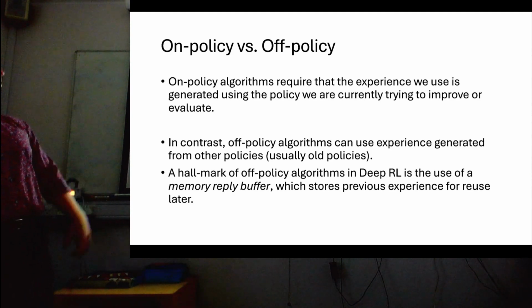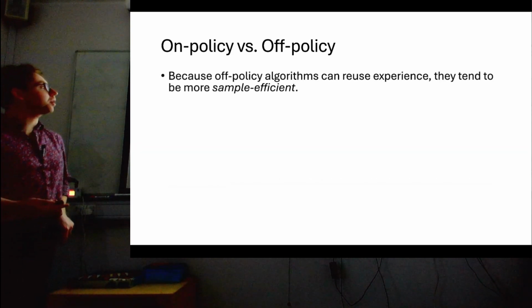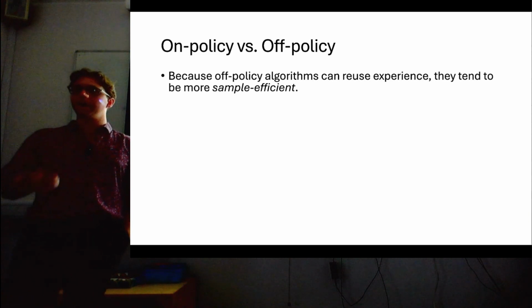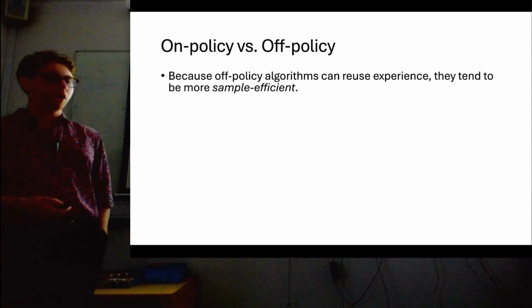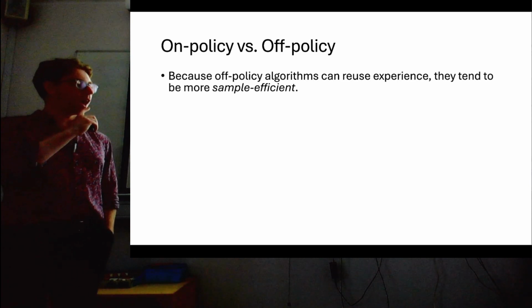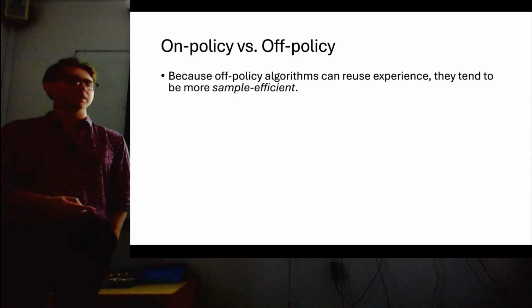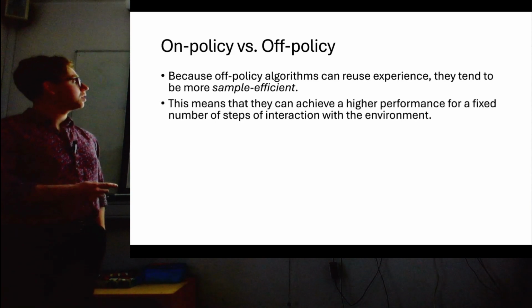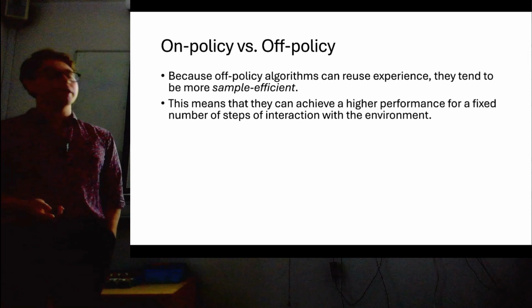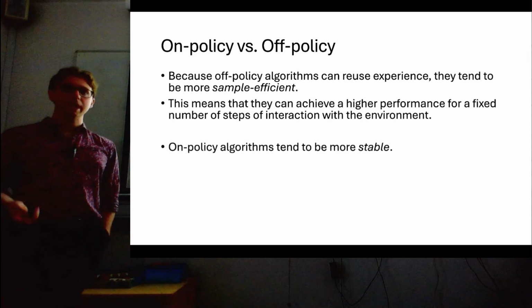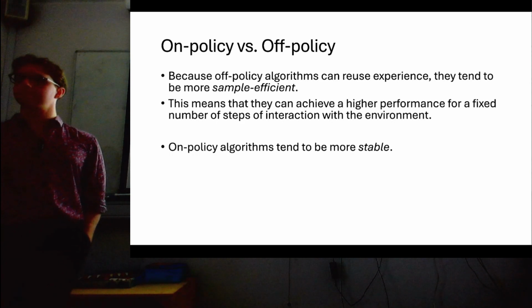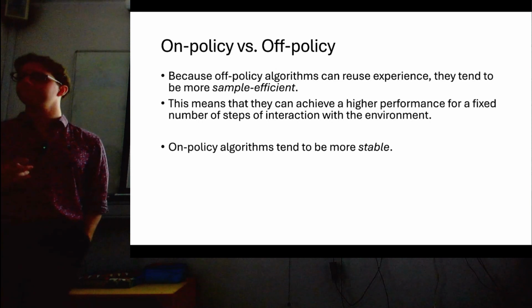Because you can reuse experience, off-policy methods tend to be more sample efficient, which means they achieve a higher score, a higher total return, after fewer interactions with the environment. Whereas on-policy algorithms tend to be more stable, often because the data they're learning from is directly relevant to the current policy being learned.